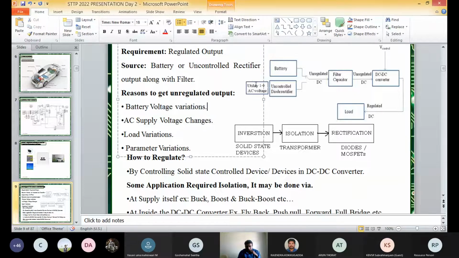Or if you are using a grid connected system, there is a chance of AC supply voltage changes. And in some cases the load may also be varying.